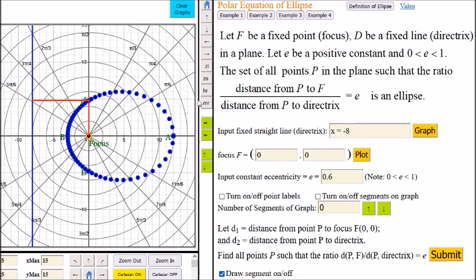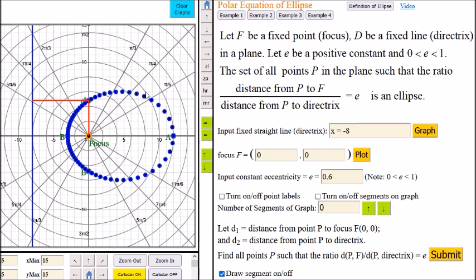So once again, to generate the points of this ellipse right here, first pick the point, call it the focus, and here we picked it at 0, 0 at the pole. And then next, pick a vertical line that is to the left or to the right of the pole. In this case, we picked a vertical line to the left of the pole.